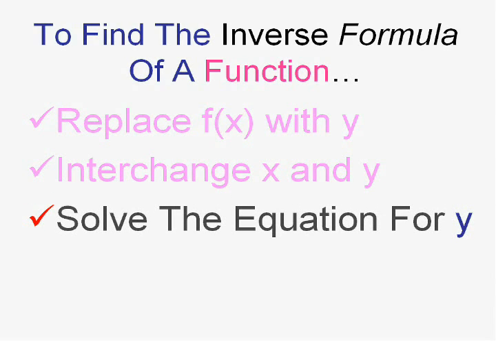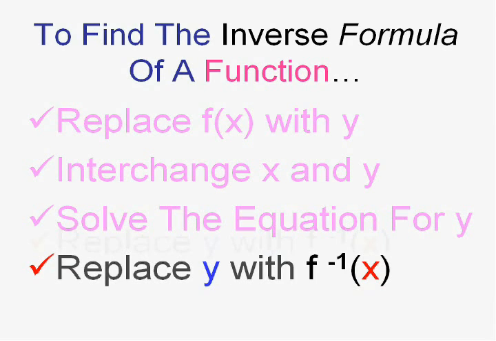We're going to solve for y. Once we've solved for y and we've gotten y by itself, we're going to replace that y with the notation for f inverse of x, and that's written f minus 1 of x. It doesn't mean to the negative 1 power. It means the inverse function of x.